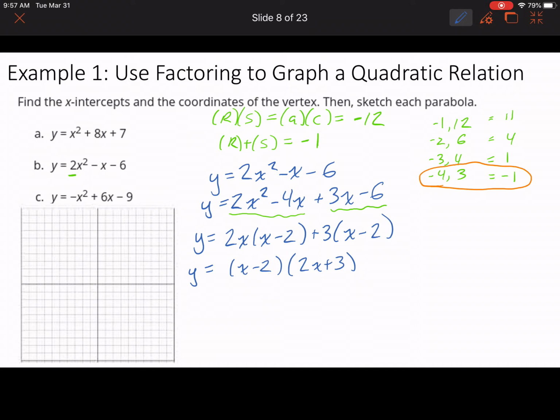So now we can find our x coordinates, and we're going to end up with a fraction, because we know that either the first section has to be 0 or the second section has to be 0.